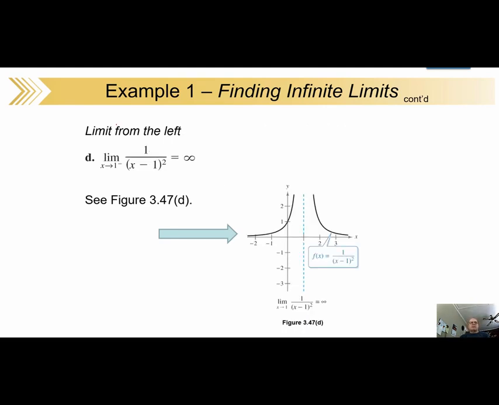Last of all, this one's like the first one, except that you've got 1 over x minus 1 squared this time. Here we're approaching 1 from the left. We've got negative 1. And over here on the graph, you can see as we get closer to 1, the y values get bigger and bigger and bigger.